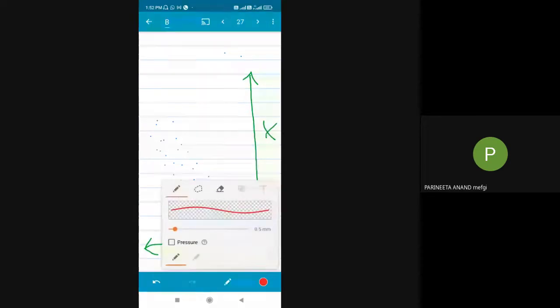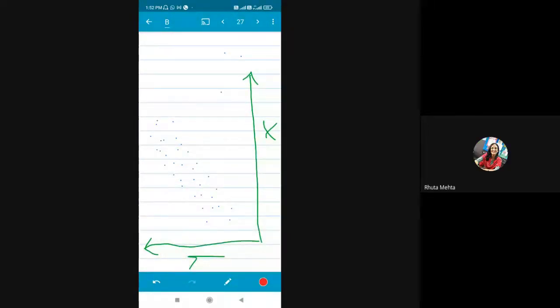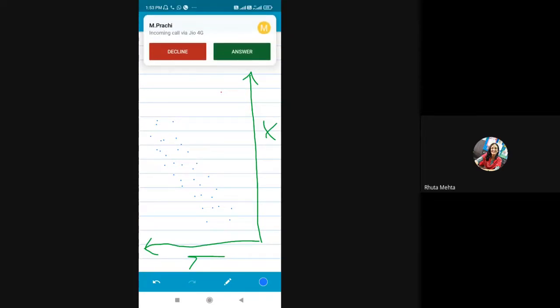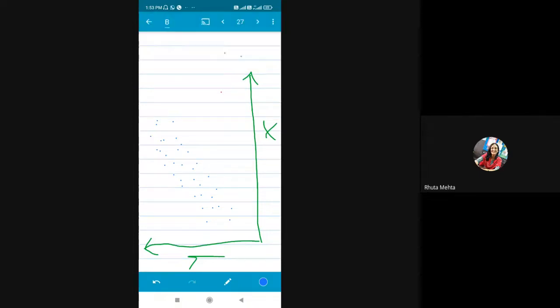Okay. Now please listen very carefully, guys. In a regression analysis, we need to make such a model which is best fitted to the observations given.